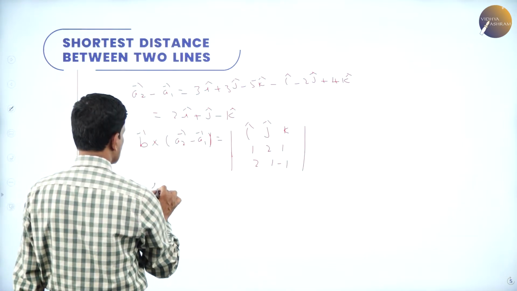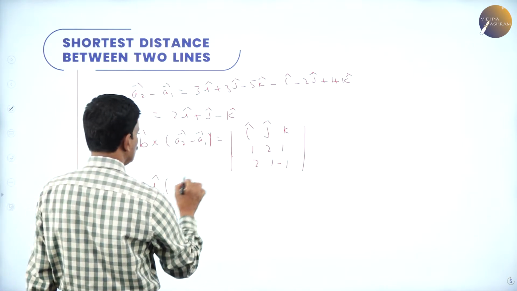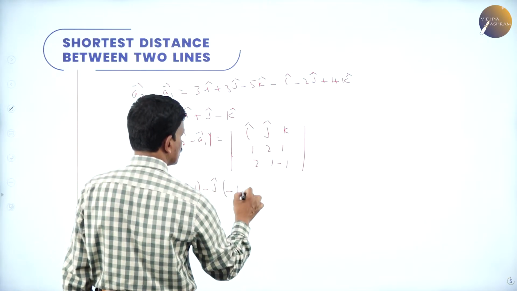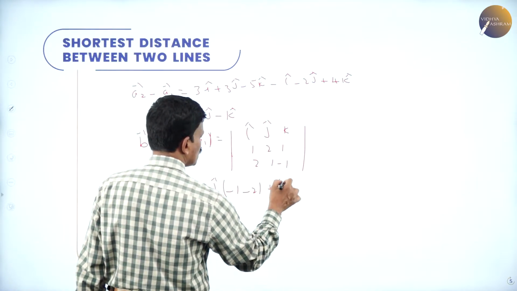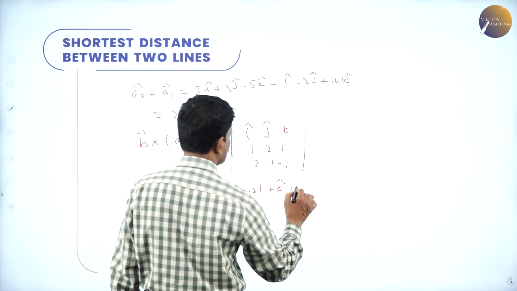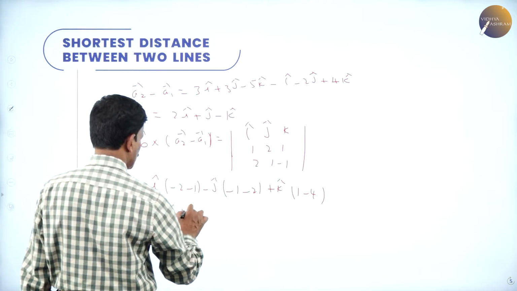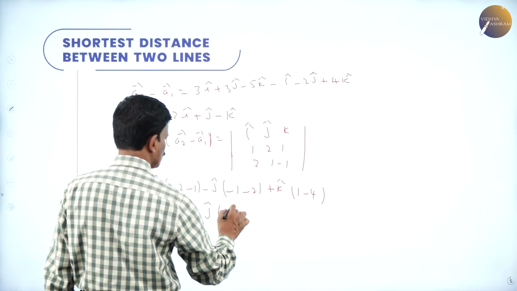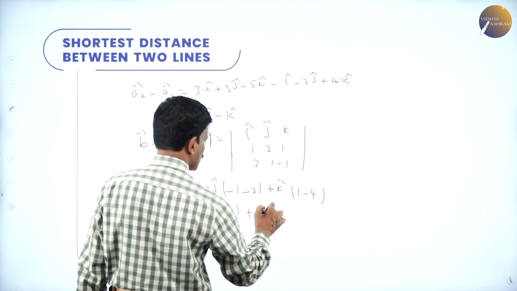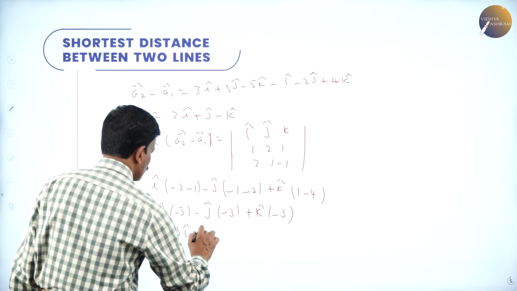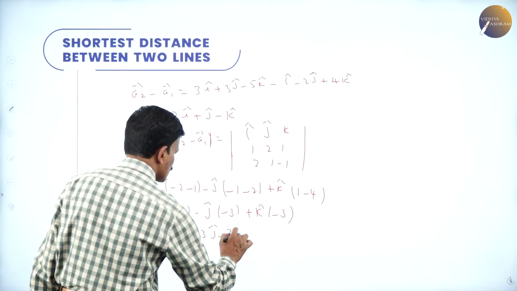Simplify this. This is i into (2 times minus 1 is minus 2, minus 1) minus j into (minus 1 minus 2) plus k into (1 minus 4). So this is i into minus 3 minus j into minus 3 plus k into minus 3. So this is minus 3i plus 3j minus 3k.